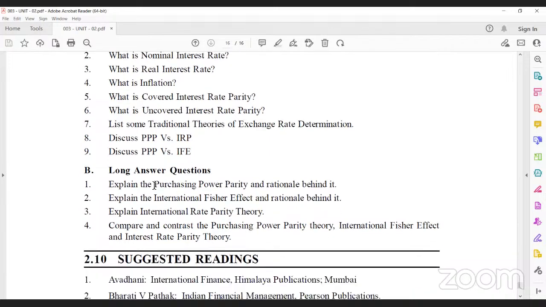On the same lines, for long answers, questions based on purchasing power parity and its rationale, the International Fisher Effect and its rationale, and the complete theories, including their implications, can be prepared and focused on.